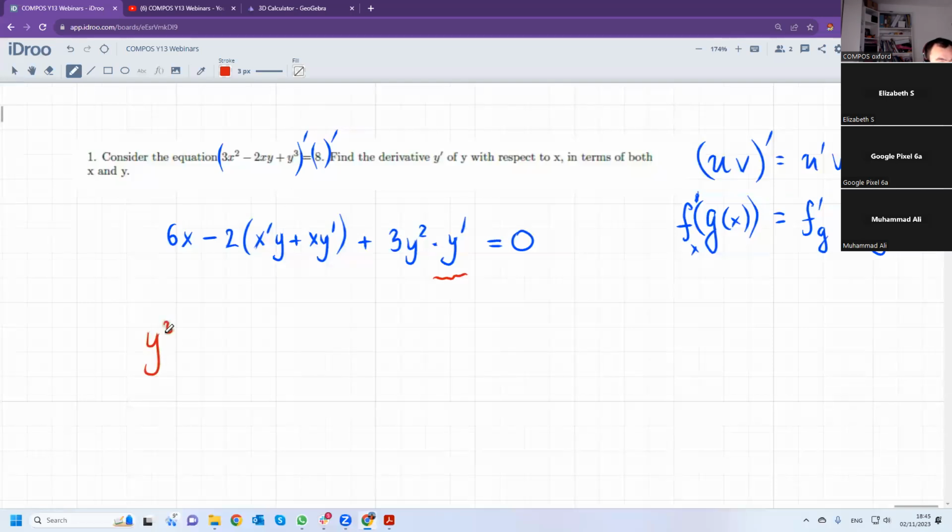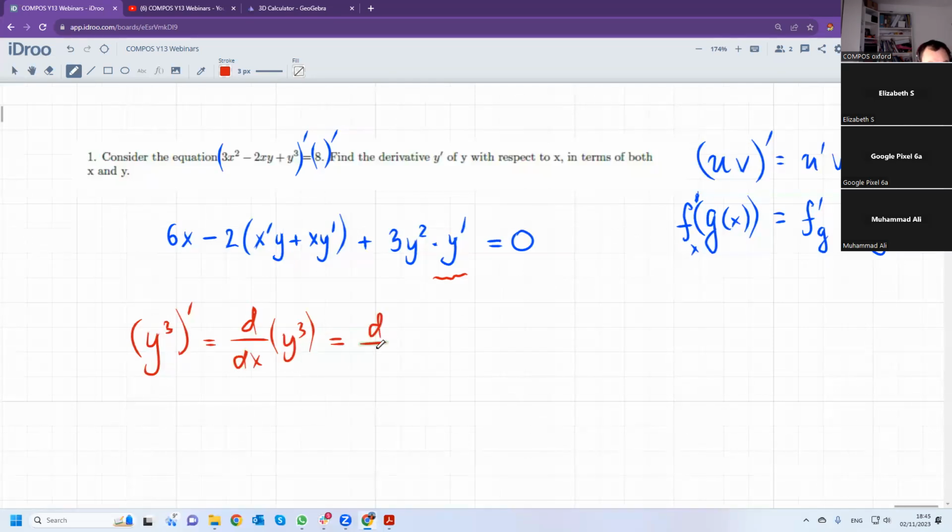So y cubed prime is the same as d over dx of y cubed. We are differentiating that. What I'm going to do here is use the chain rule, because I can't differentiate that with respect to x, because there's no x. So I differentiate it with respect to y.